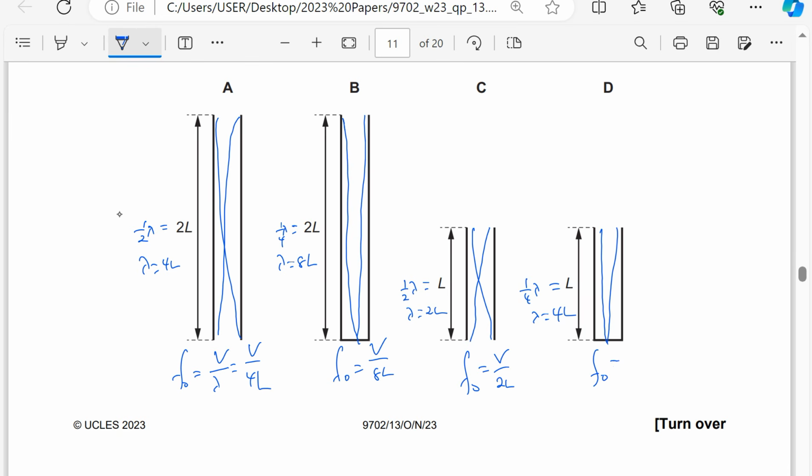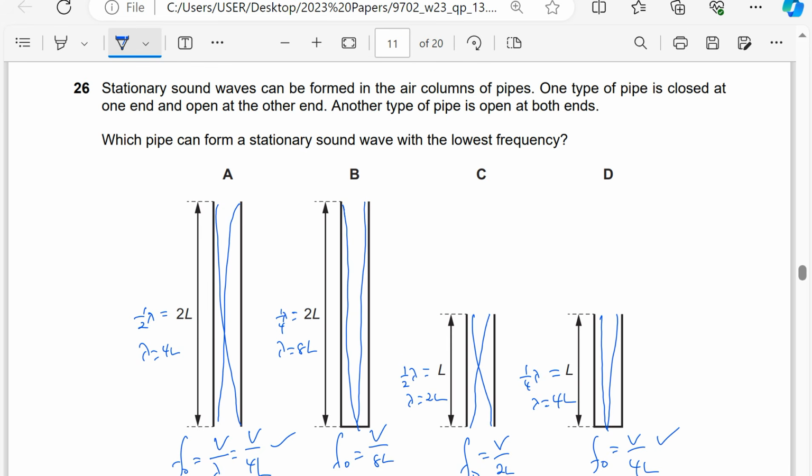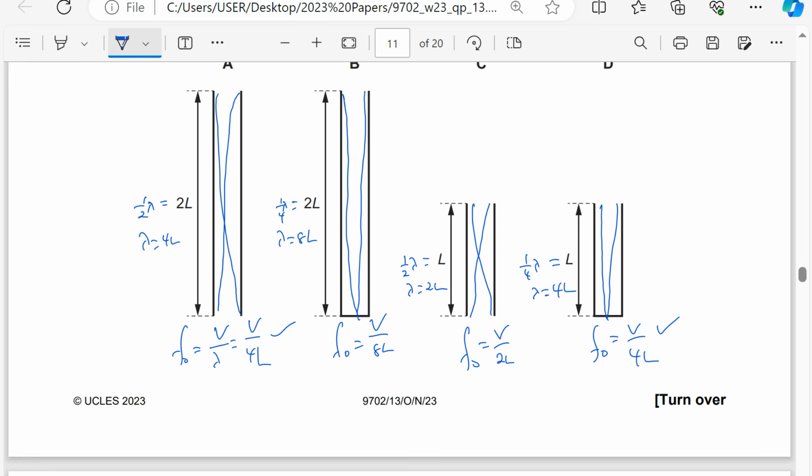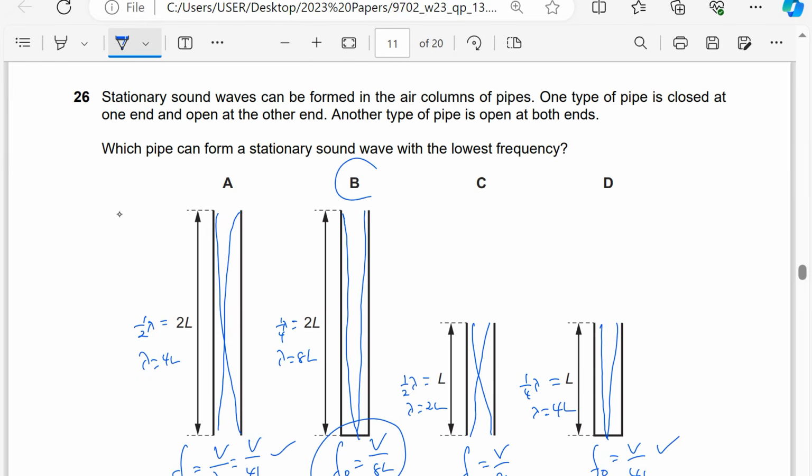So the frequency here is going to be V over 4L. Let's compare. Of course, this one and this one are the same. Which pipe can form a stationary sound wave with the lowest frequency? The lowest frequency is this one here, because it is V over 8L. So the answer is going to be B.